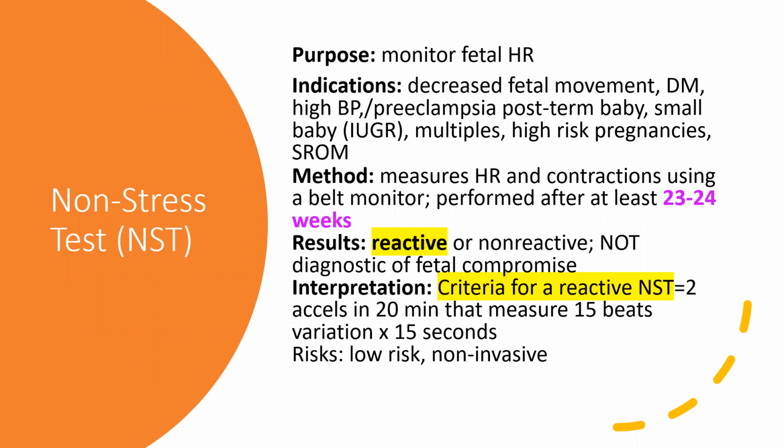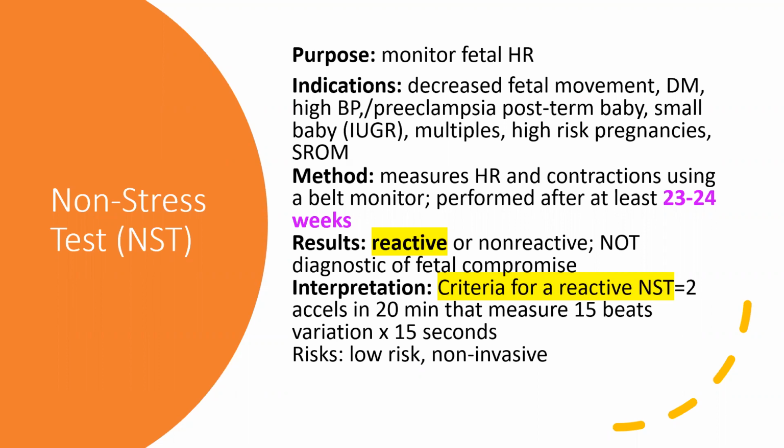So obviously we go into the stress test later, but we have a reactive or non-reactive. Whenever it comes to the findings, the test is considered normal reactive if there are 2 or more accelerations of 15 beats per minute lasting for 15 seconds over a 20-minute period, or a 10 beats per minute lasting 10 seconds if the pregnancy is less than 32 weeks gestation.